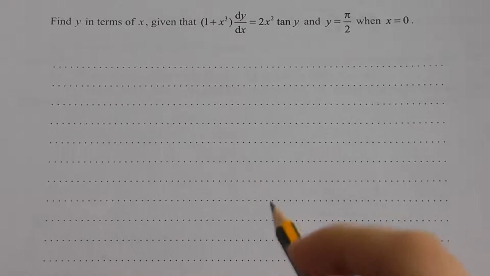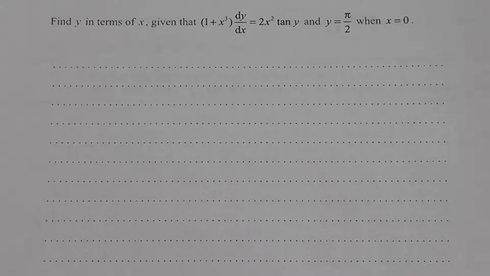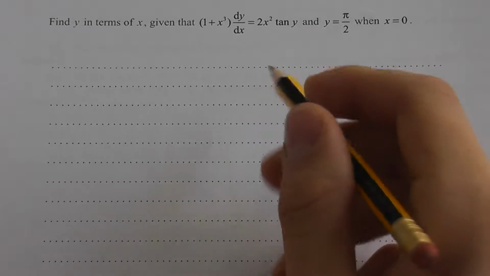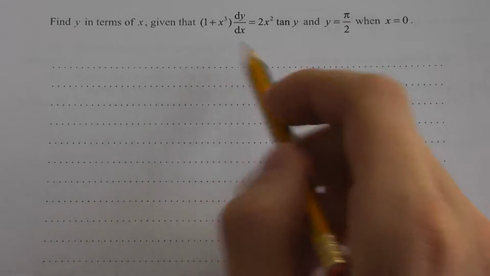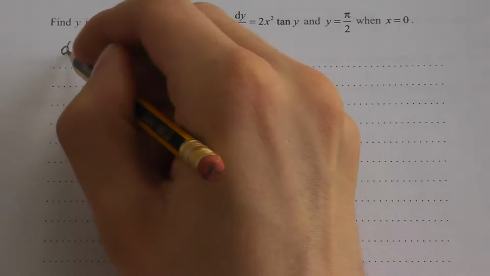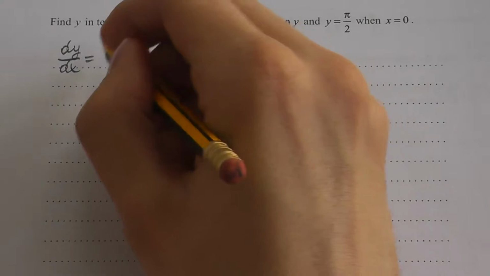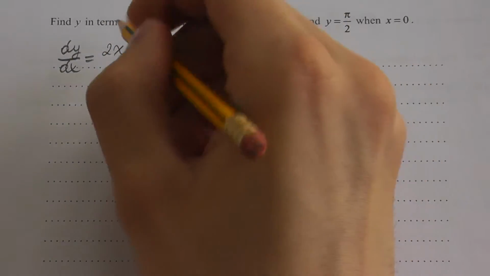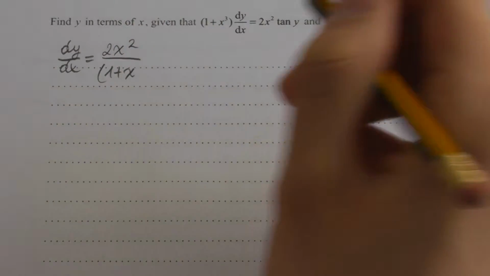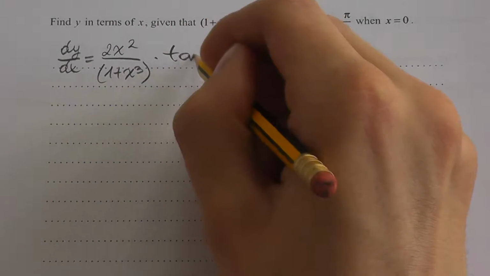And so what we do is we try to put all the y's on one side and all the x's on the other side. We're going to do that by first dividing 1 plus x cubed from both sides to get that dy dx is equal to 2x squared over 1 plus x cubed times tangent y.